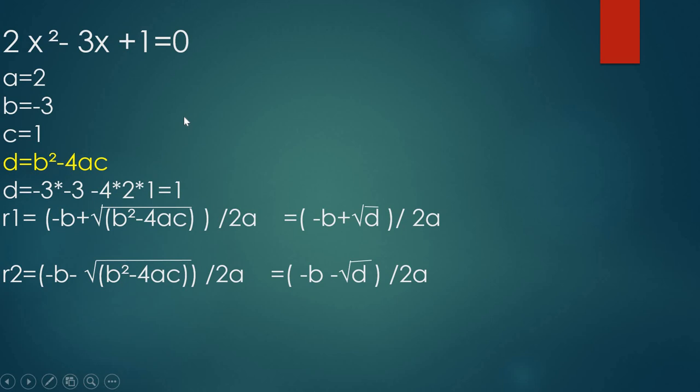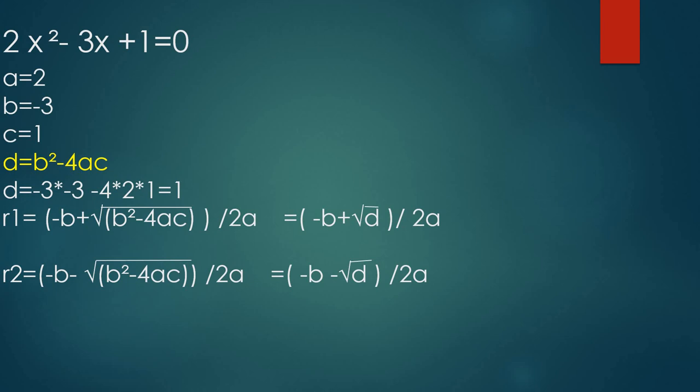Then, how can we find the roots of this equation? What are the roots? Here the determinant is greater than 0, so the roots will be different. Two roots will be there. Both the roots are different.